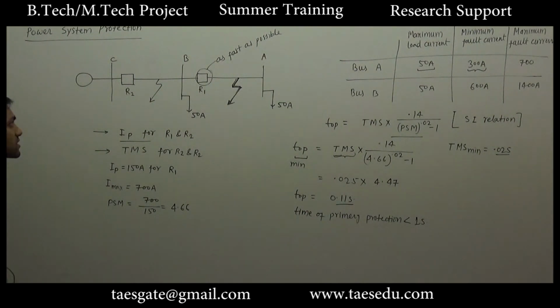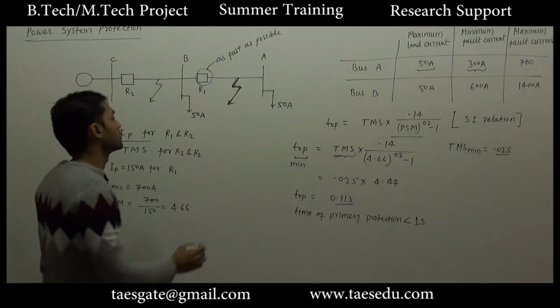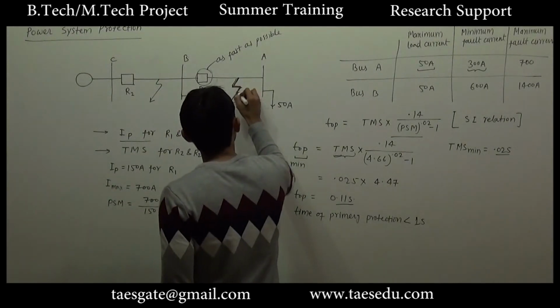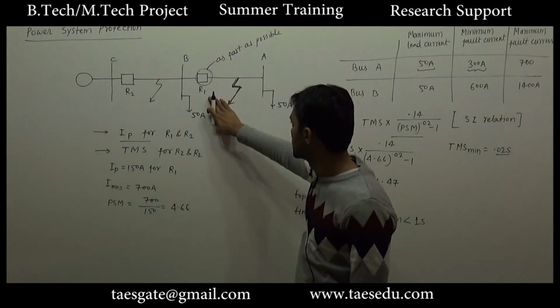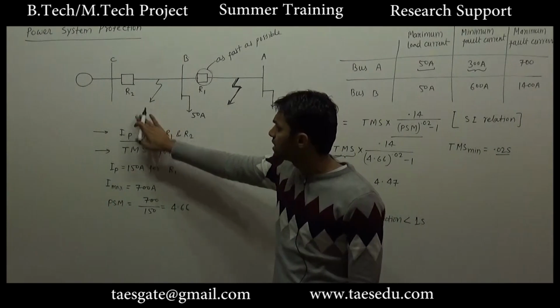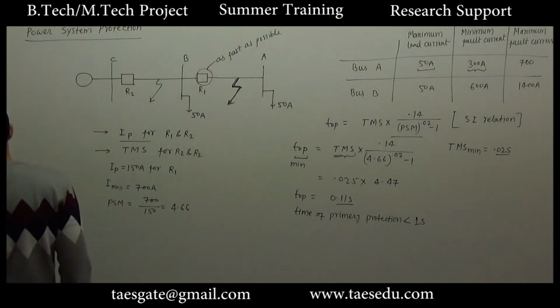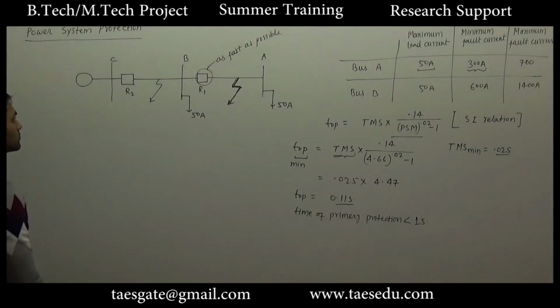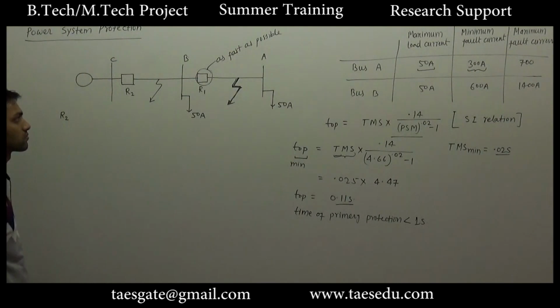Now let us discuss the case when this relay fails to operate. For this fault, when R1 fails to operate, R2 is the only relay, or R2 will provide the remote backup protection. Now we'll talk about relay R2.